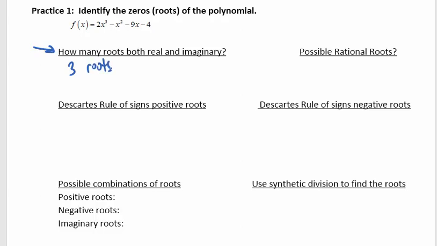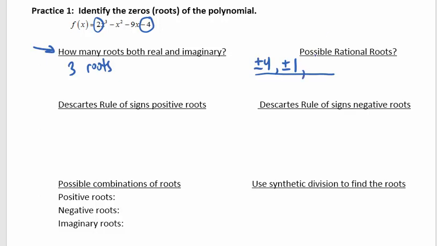Possible rational roots. Well, we need to take factors of negative 4 divided by factors of positive 2. So what that looks like is this. In the numerator, factors of negative 4: plus or minus 4, plus or minus 1, combinations of that multiplied together would give us a negative 4.